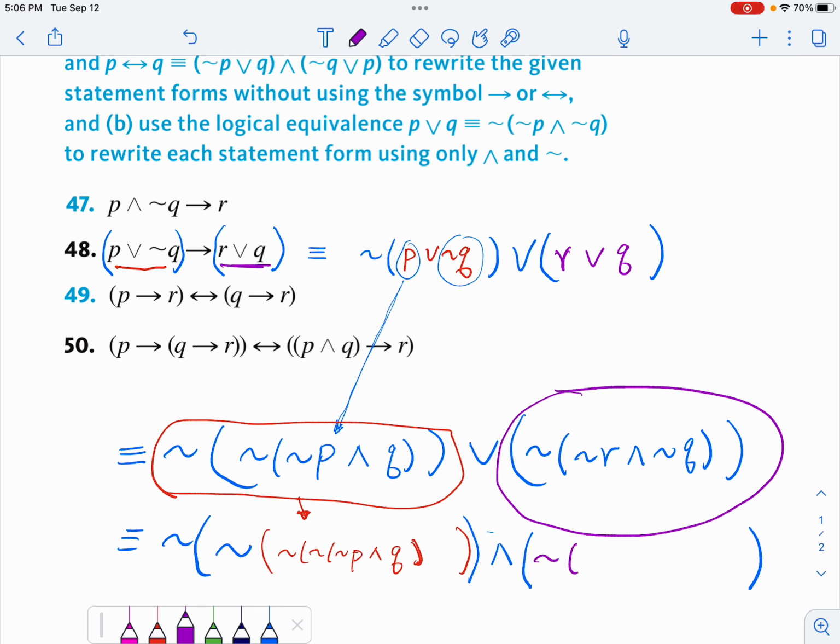So the not of the second part. By the way, this not is just supposed to be there, and this is the second part right there.